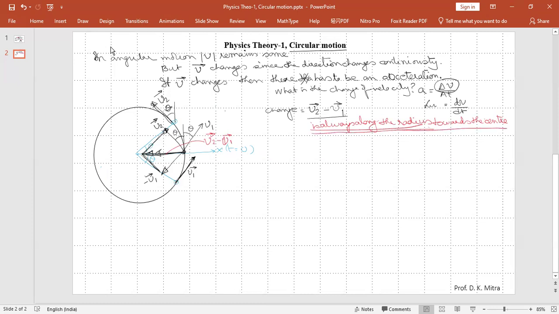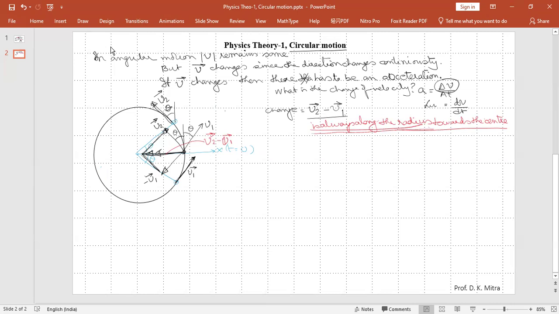This you can find out if you take a small stone and tie it with a thread on your index finger, and you start revolving the stone, you will find there is always a force on your finger. That means there is always a force and acceleration which is directed towards the center.